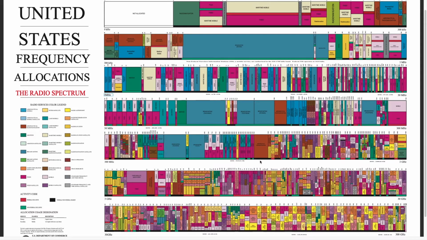Now, even if you're certified in the amateur bands, that does not mean you can just transmit wherever you'd like. That is a big no-no. That's illegal. Now, if you don't have any proper licensing, you cannot even transmit in the amateur bands. You're essentially confined to a very, very small area over here or here.